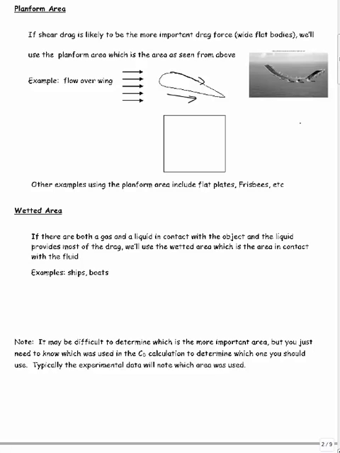In that case, you want to use the planform area, which is basically the area exposed to that shear. It's what we used with a flat plate. You would look from above and get a top view, which in this case would be a rectangle. That's called the planform area again.